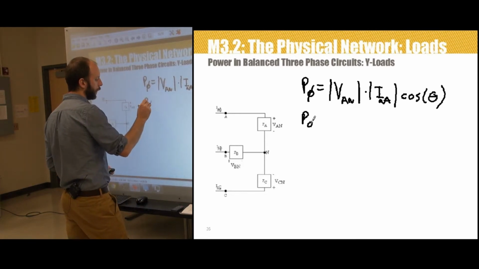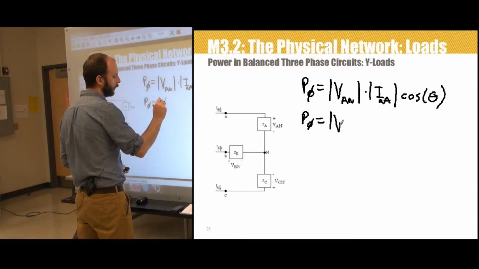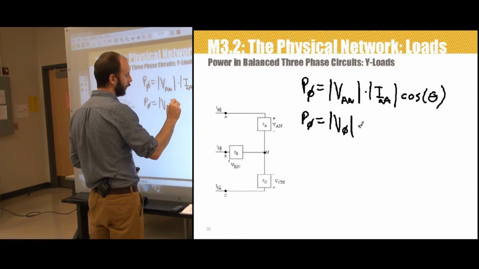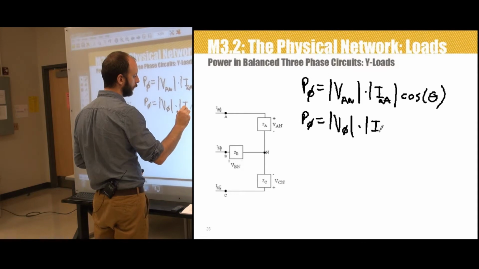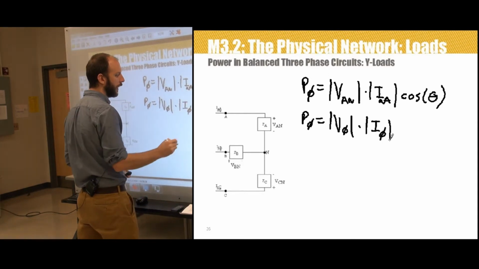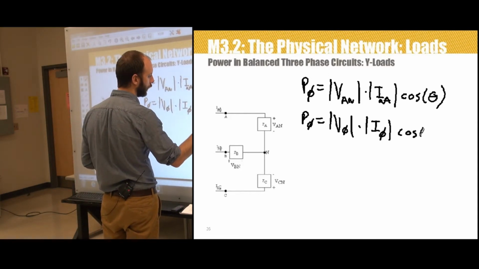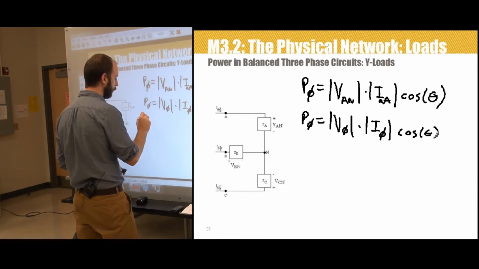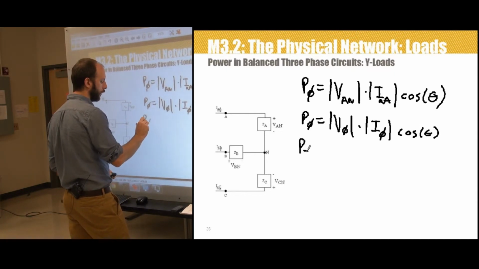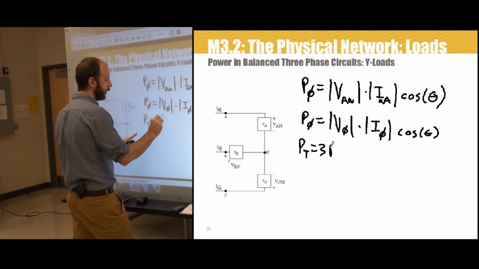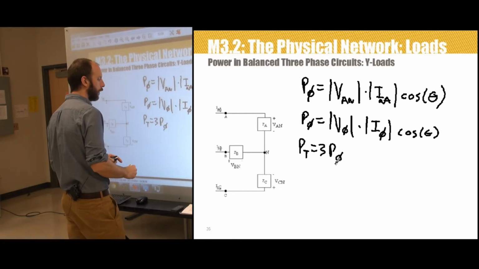We were writing that more generically as magnitude of V phase times the magnitude of I phase, cosine theta. Total power is just 3 times the phase power.